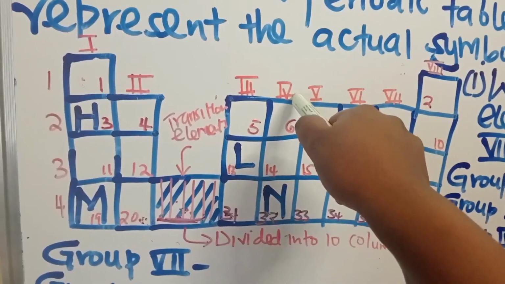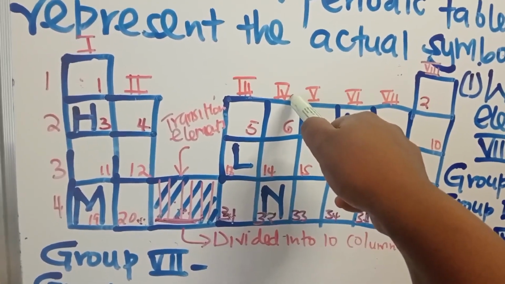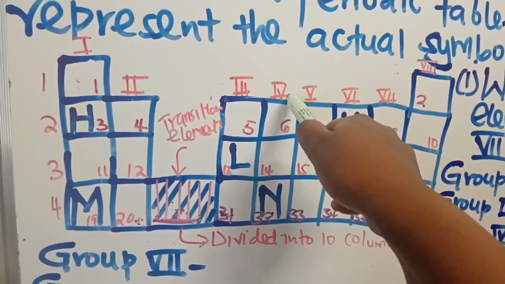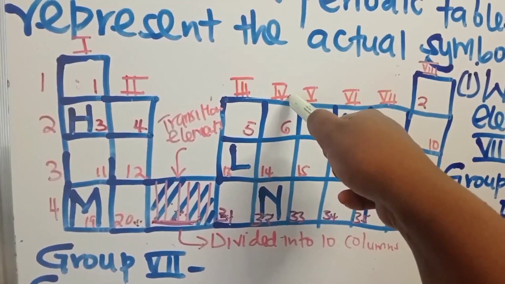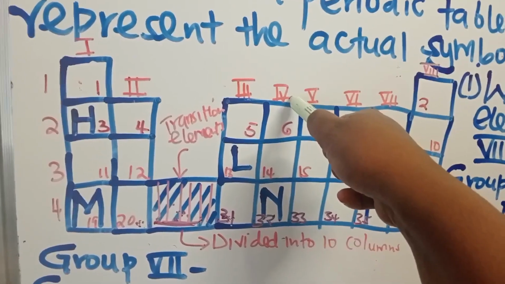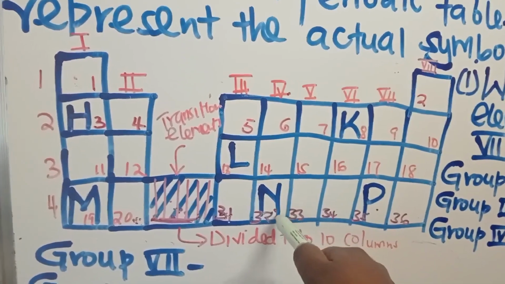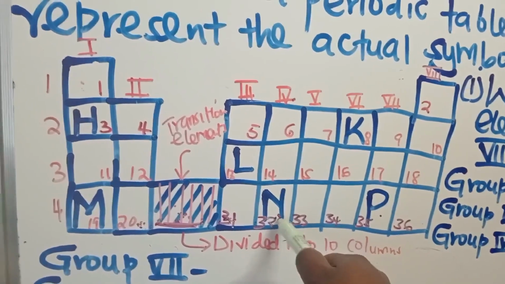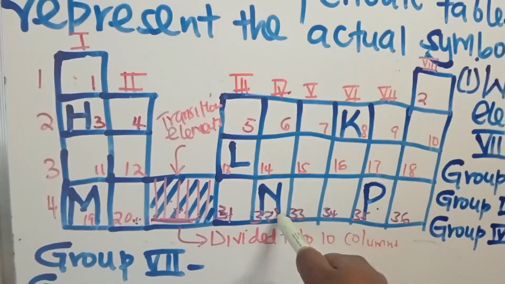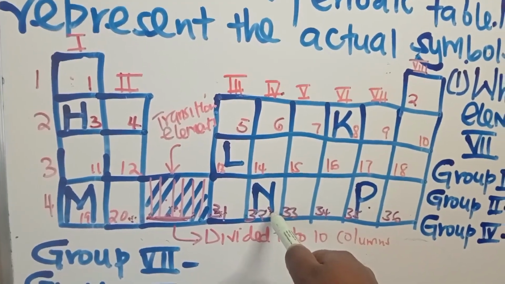Like now, this one is group 4, meaning that the outermost energy level has 4 electrons. So even for N, it will still share the same characteristics. The outermost energy level will still have 4 electrons.